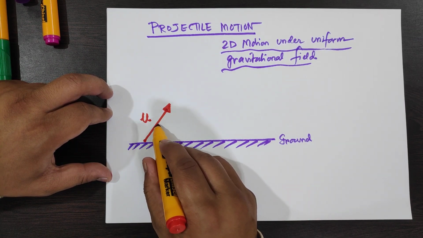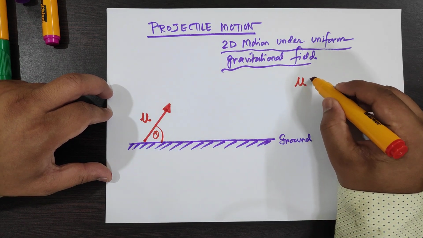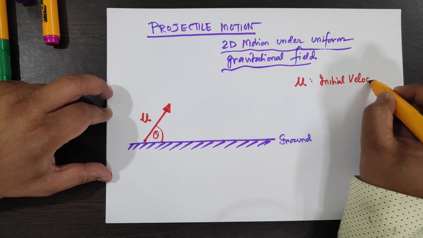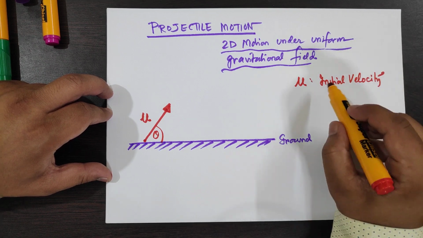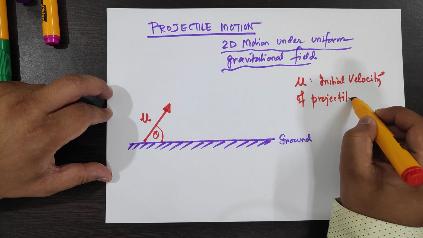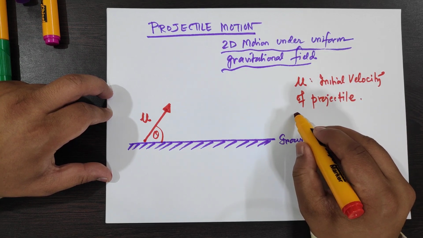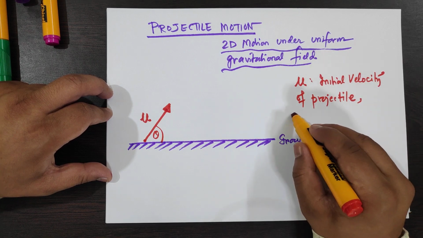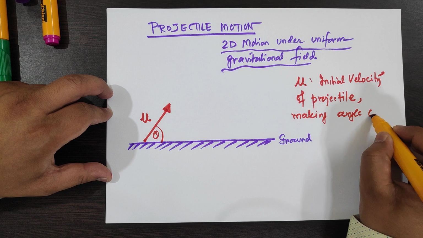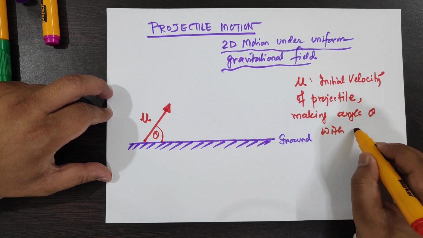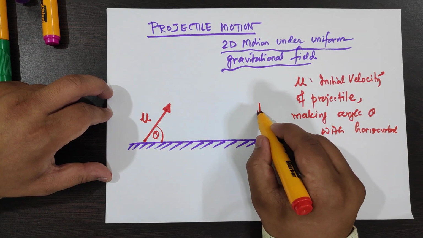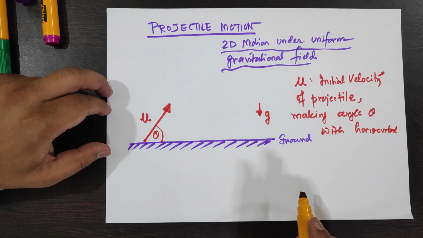So u is the initial velocity of the projectile, making angle theta with horizontal. So this is the case of the projectile. There it is g, the gravitational field.